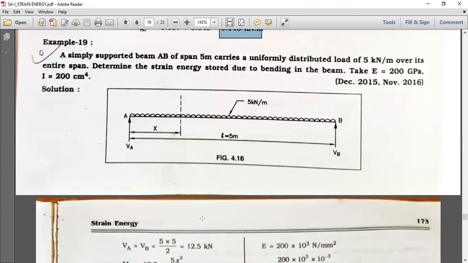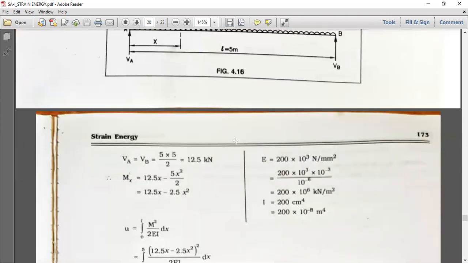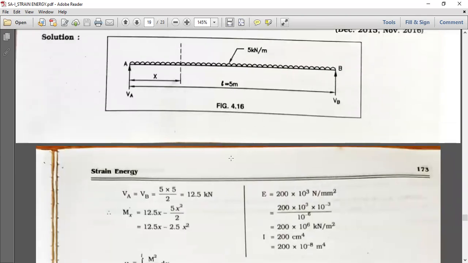Take E equal to 200 and I equal to 200. Okay, we have A, B with 5 kilonewton per meter uniformly distributed load over the 5 meter length. Now VA is equal to VB.